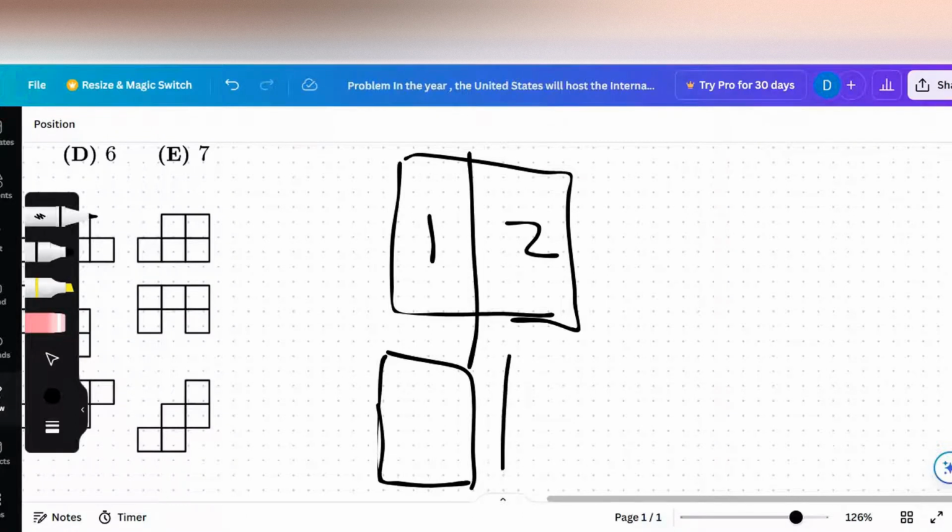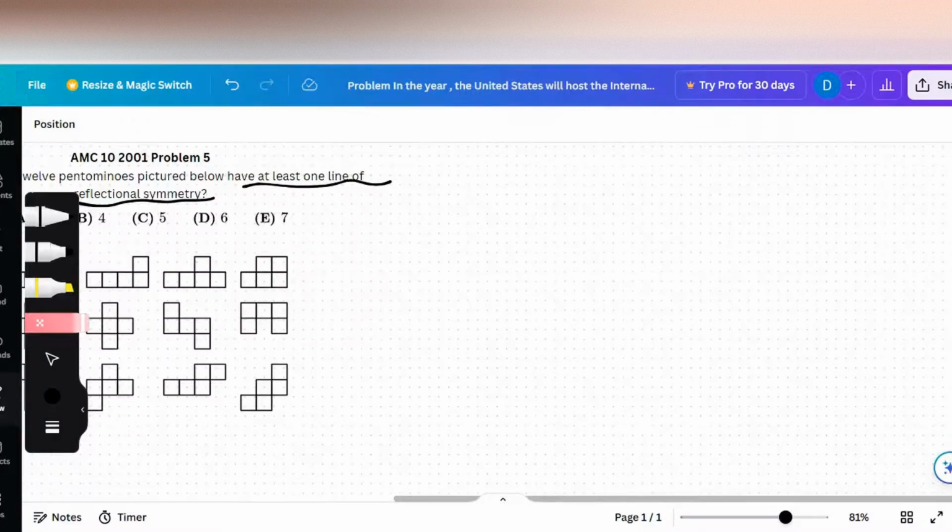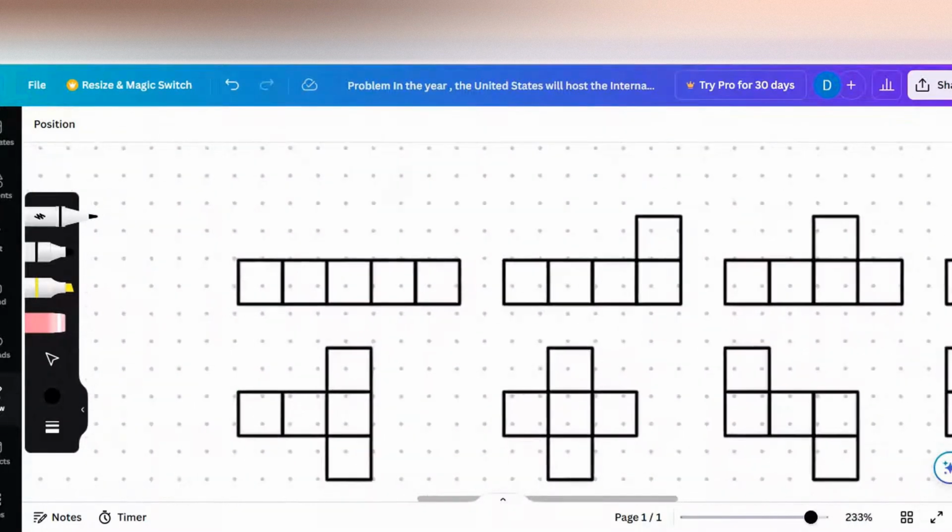They are symmetric as well because we can just fold it over. Think of it as a paper. We can fold it over like arts and crafts, and it would be symmetric, and it will not overlap or have extra spaces. So that's what we're looking for in these shapes, and we'll go over all the shapes.